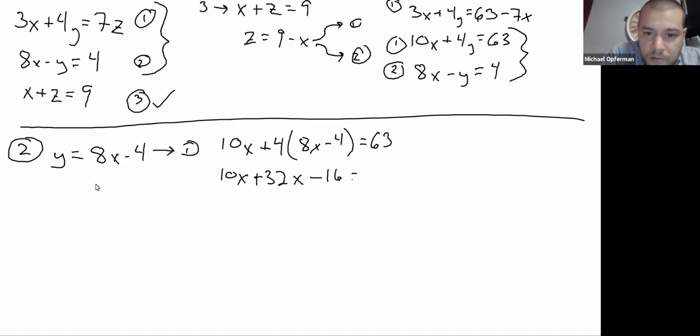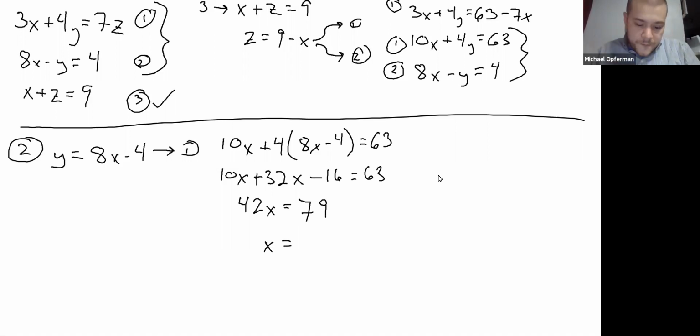I'm multiplying everything by 4, equals 63. 10 plus 32 is 42. And move the 16 to the other side of the equation. 63 plus 16 is what, 79? And now I can solve for x. 79 over 42 is 1.88.